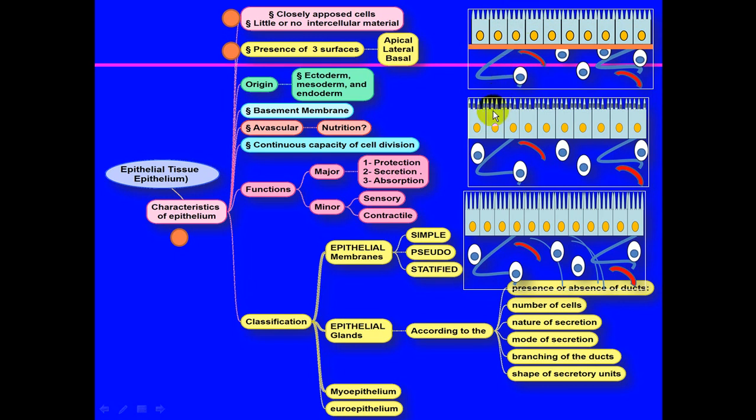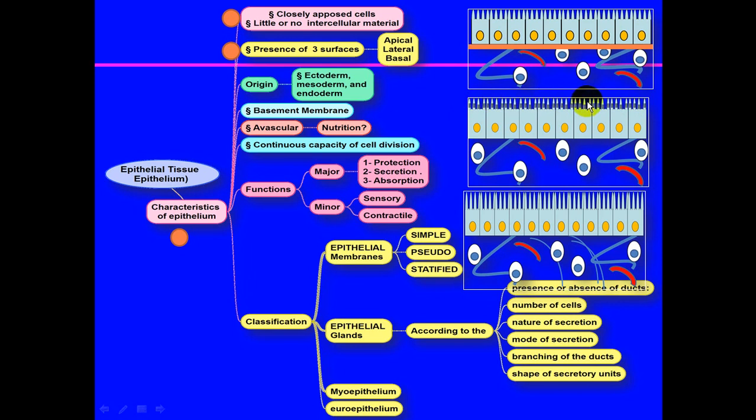Then you have another projections. This represents hair-like projections which are known as the cilia. The cilia are found in ciliated cells which are located in the respiratory trachea, and they are also found in the fallopian tube.